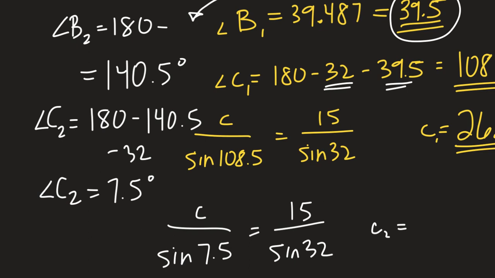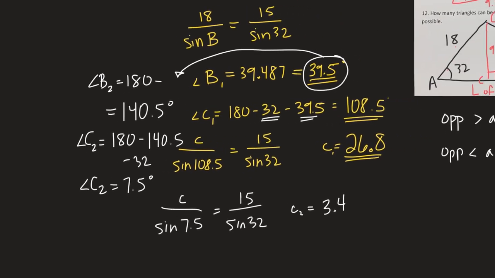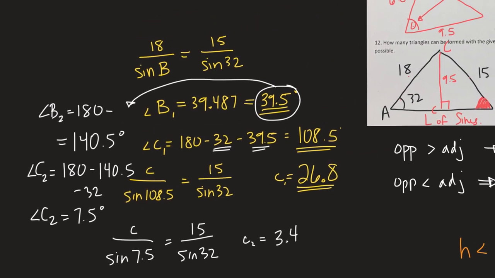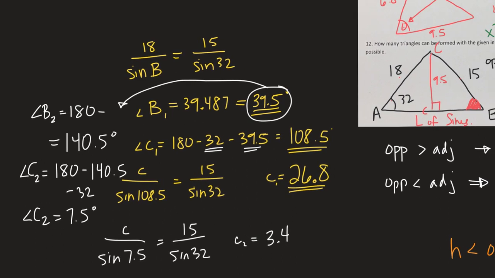The second value for c is 3.69 or 3.4. So when you have two triangles, the first triangle you solve with the law of sines, and the second triangle is your obtuse triangle, where angle B is now an obtuse angle for the second triangle.